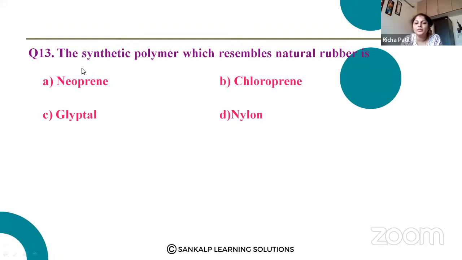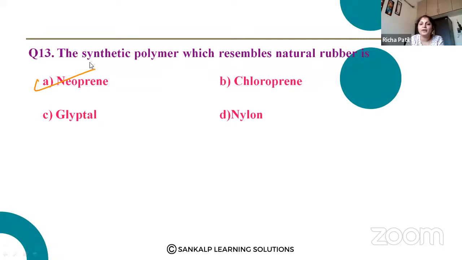The synthetic polymer which resembles natural rubber is, yes, neoprene. Many have answered it correct. Good. So neoprene is the correct answer.